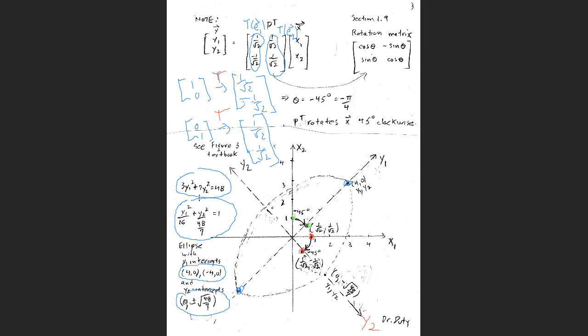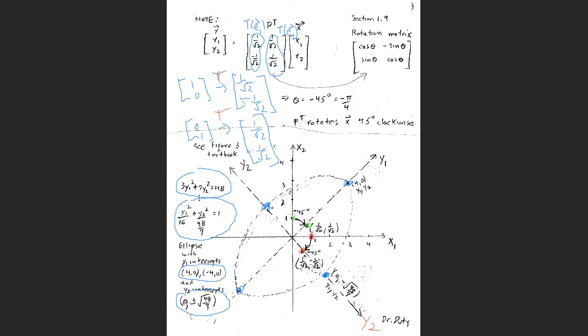The square root of 48 over 7 equals 2.6. Okay, so that's going to be here and here, the intercepts on the y2 axis.